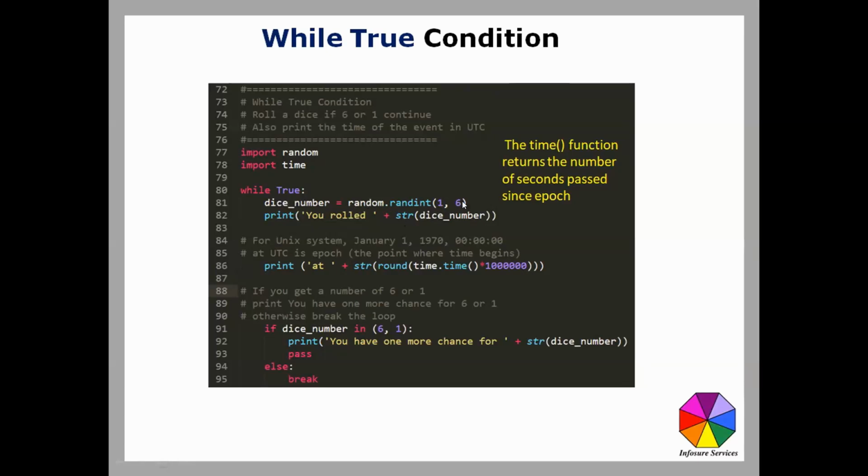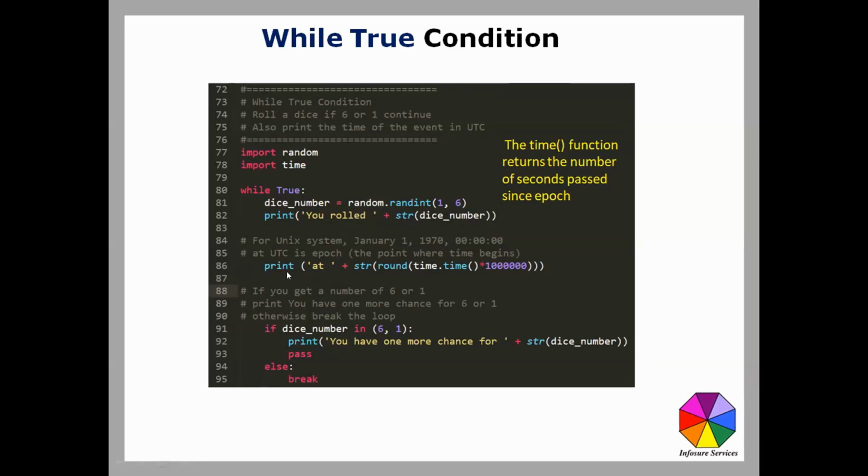It will all the time generate any number between 1 to 6, and that number is stored in this variable dice number. And I'm printing, you rolled this number.